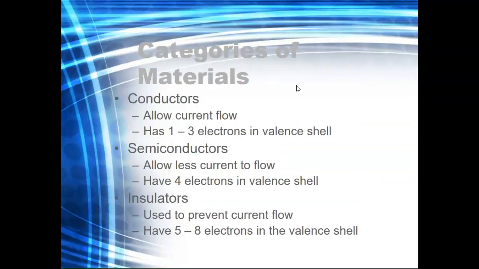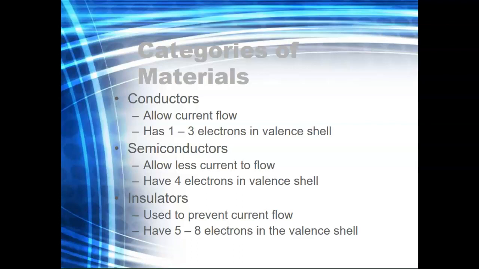So these are the categories we have to deal with, guys. So we have conductors. These are things that allow current to flow. In that outermost shell, it has 1 to 3 electrons. Does that make sense? So then we have semiconductors.